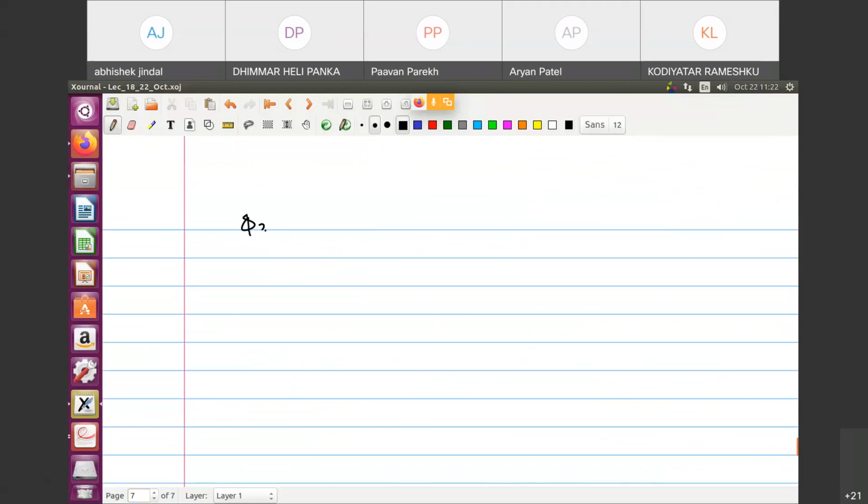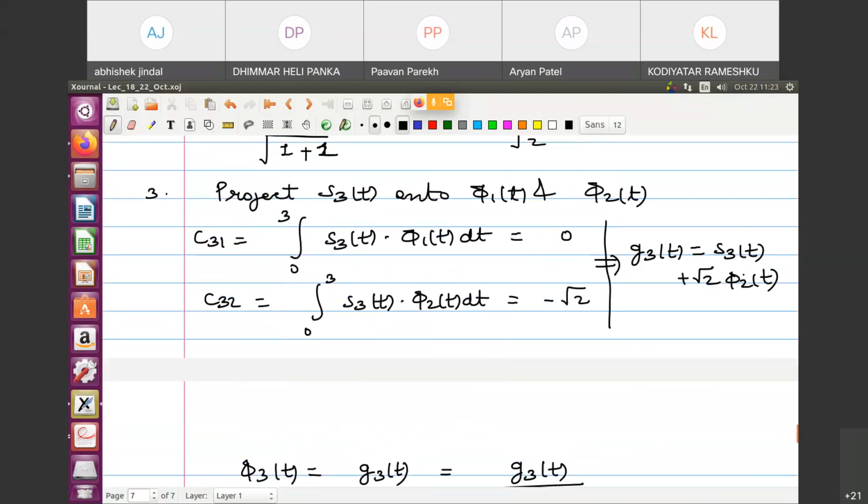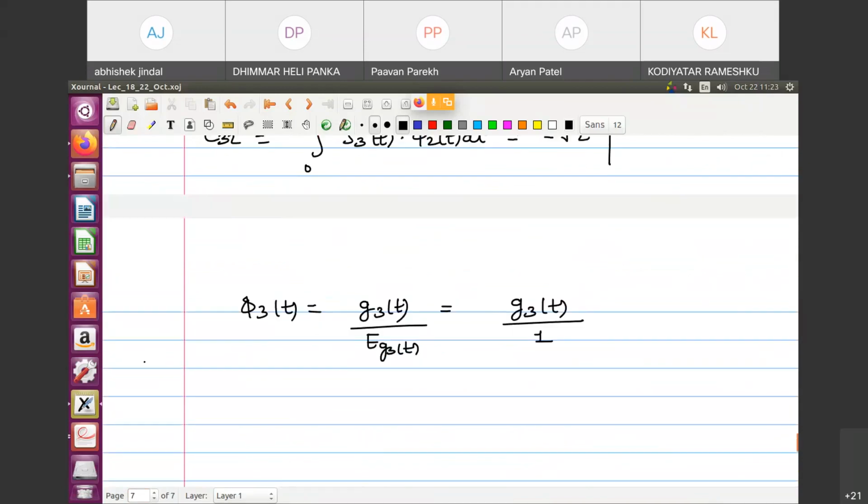So phi 3(t) would be G3(t) divided by the energy of G3, which is equal to 1. Okay, so it has unit energy. I am not calculating this; if you calculate and check, this would come out to be 1. So phi 3(t) would be G3(t).